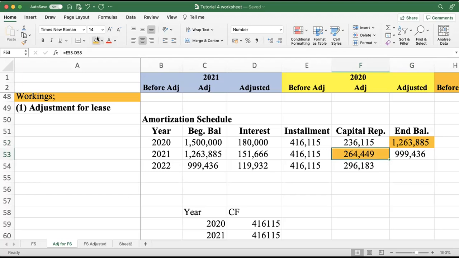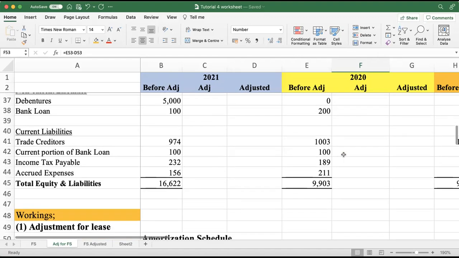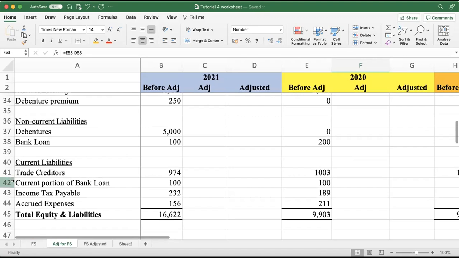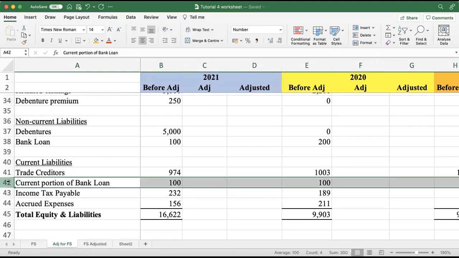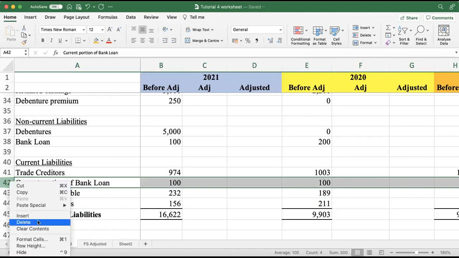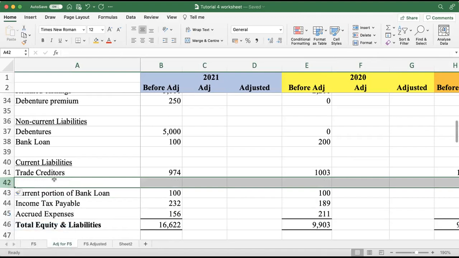So your current liability, 2020 end, 264. In thousands, 264. So under current liabilities, you can add another row.